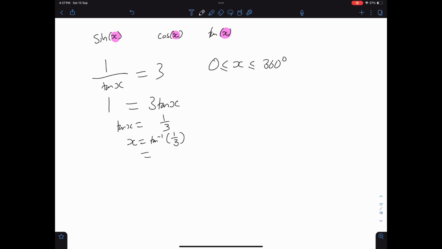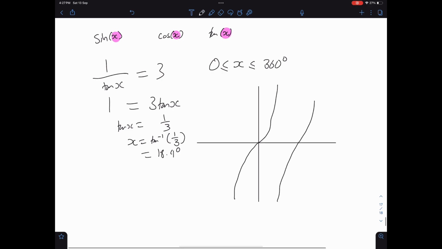And then if I do tan inverse of that, I get 18.4 degrees. But if we pop up our graph, you see your calculator only gives you the principal value. We would notice that our 360 is here, and we're trying to get it to equal a third. We get not only the 18 degrees one, but something up here.